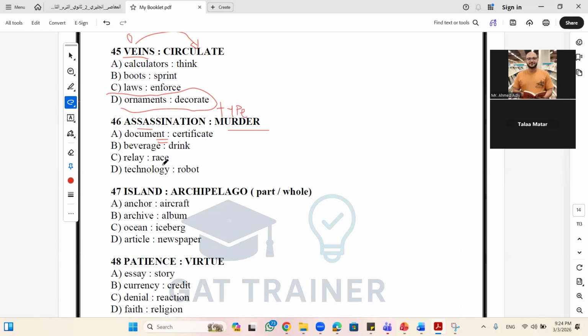Like relay and race. All right. Can you write this word, please? All right. So here, relay, it's a group of people or animals engaged in a task or activity for a period of time.